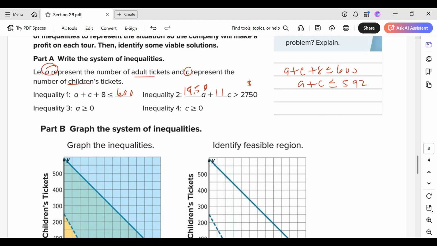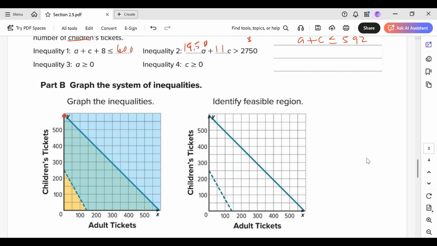That's why we have a solid dot here at about 592, almost 600. It has a negative slope, because you can solve for A or for C, it does not matter. It's going downhill. When we shade, remember, we have to be less than that region, so for that piece we shade below the line.